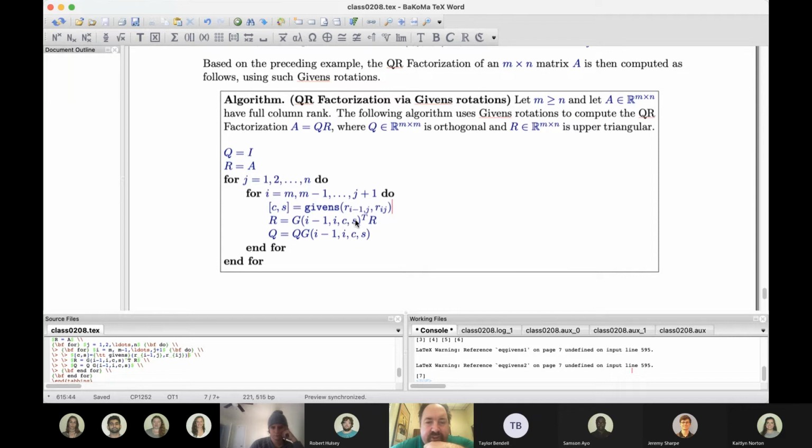Then I take that same rotation and multiply it on the right of Q. So that's how I accumulate the product of all the Givens rotations. Once I'm finished with all this, R will be reduced to upper triangular form, Q will be the product of all the Givens rotations, and so I'll have both my factors. A is Q times R.